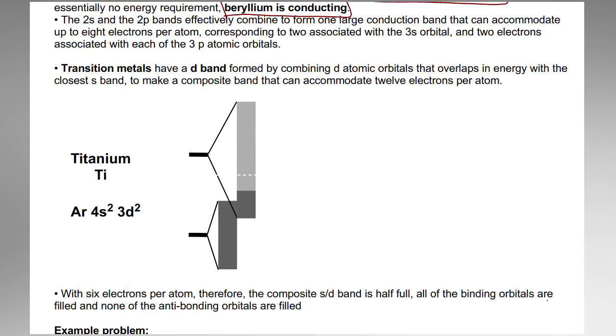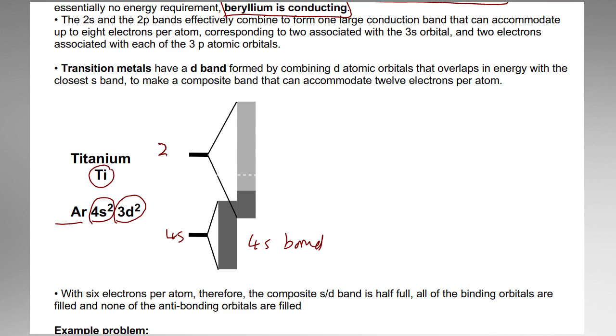The transition metals also have a band made by combining d atomic orbitals. Let's jump straight to a larger element, titanium. Titanium has the electronic structure of an argon core plus 2 electrons in a 4s atomic orbital and 2 in a 3d atomic orbital. And so the 4s atomic orbitals will combine to make a 4s band, of course.